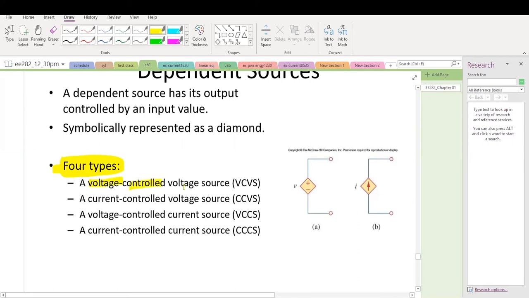Voltage controlled voltage source, you can see VCVS, or a current controlled voltage source, or a voltage controlled current source, or a current controlled current source. Okay, so those are all shorthand. These are the symbols. Controlled sources, the voltage source or the current source, are represented by diamonds.